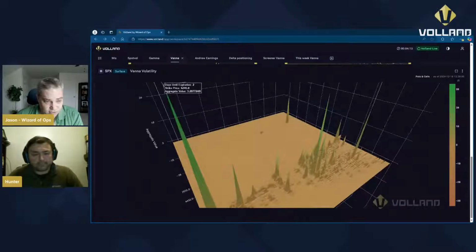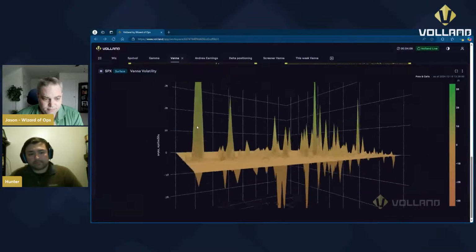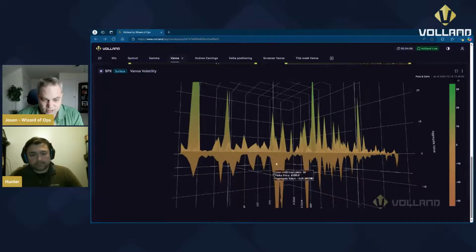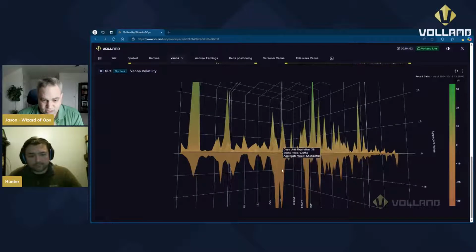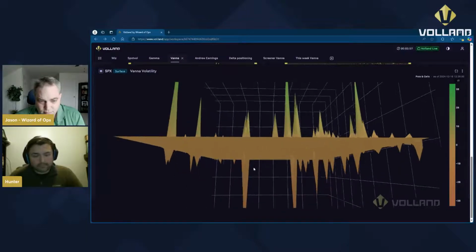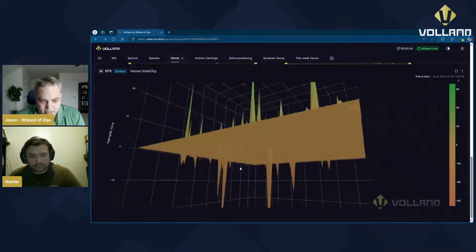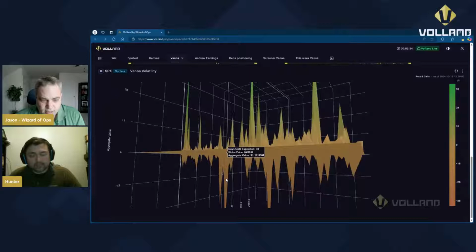That's 3 billion alone in vanna, but mainly because of all of this negative vanna down here. And these are 30 days. 30 days will have an impact. Everybody's kind of positioned in January, and that's the VIX impact, right? Yep.